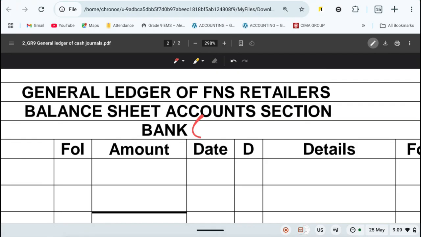For example, we know that bank is an asset. Some people might say elements in the accounting equation, or elements in the classification of accounts. So bank is classified under assets.